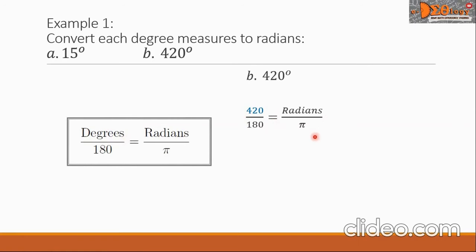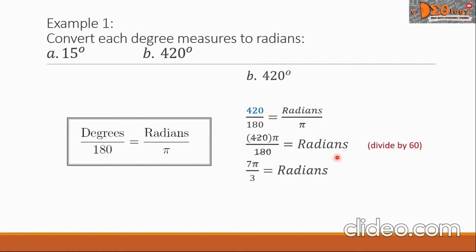Simplifying further, we're going to cross multiply this pi to the left side, so the pi will be multiplied to the 420. We have now 420 times pi over 180 equals, the radians will be alone on the right side.